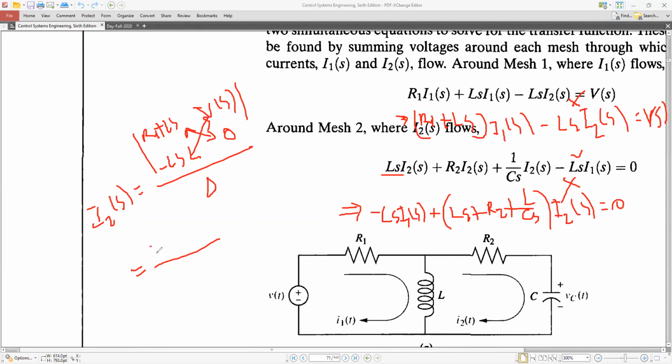So that is 0 minus LS into VS, divided by delta. So the equation would be LS VS divided by delta. Like this.